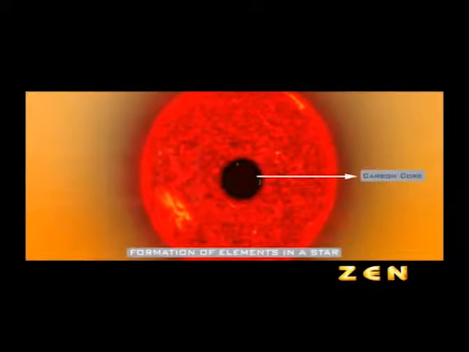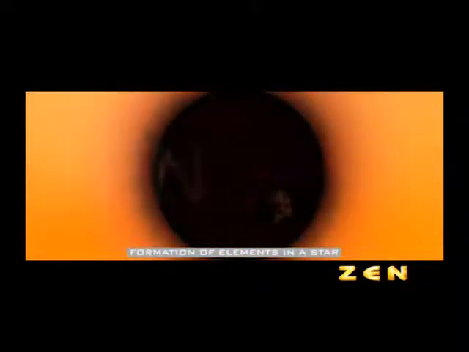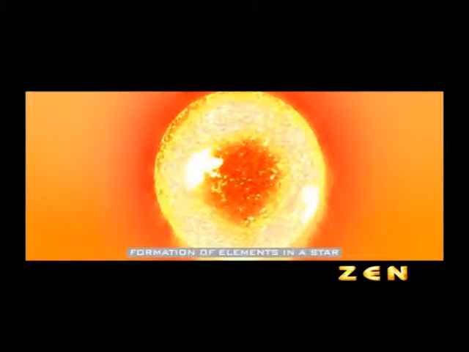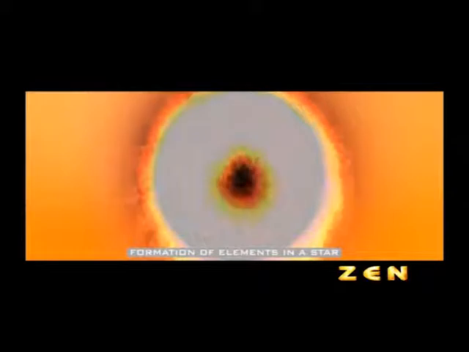The outer envelope of the red giant gets detached and is thrown into the outer space. It forms a cloud of hydrogen gas called a planetary nebula. The carbon core produced ignites further to produce a core of oxygen.